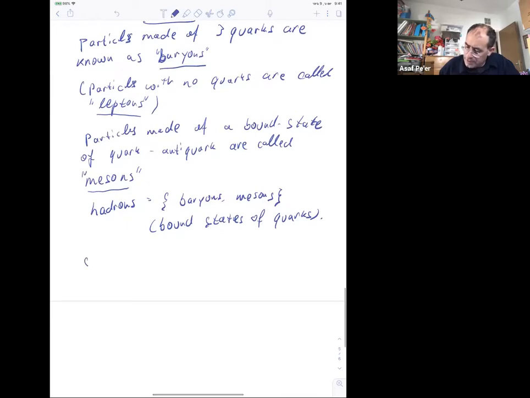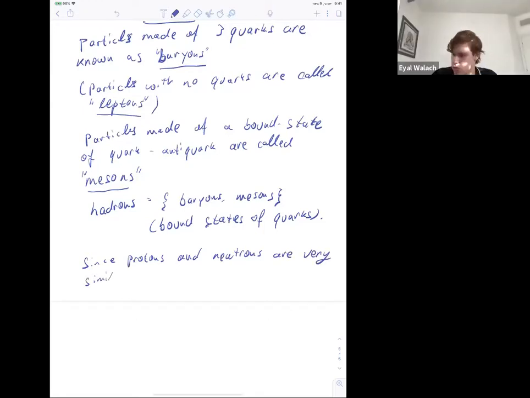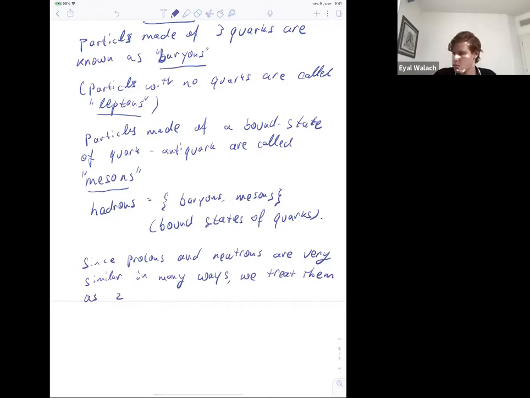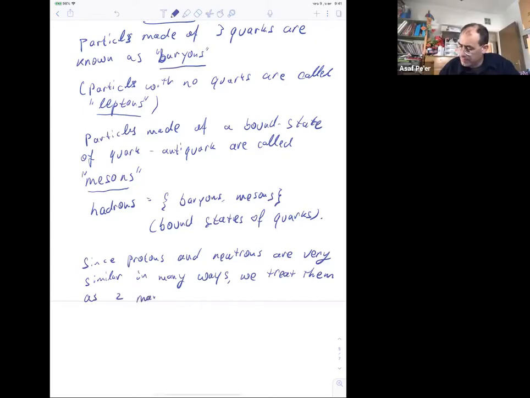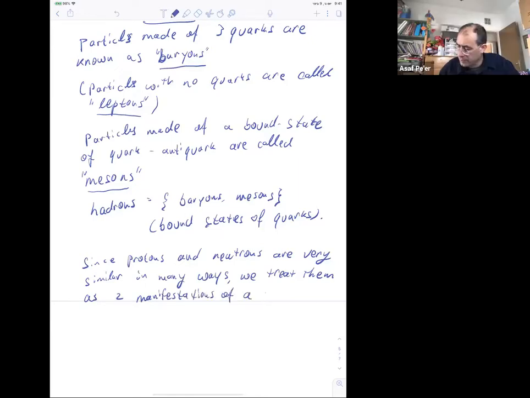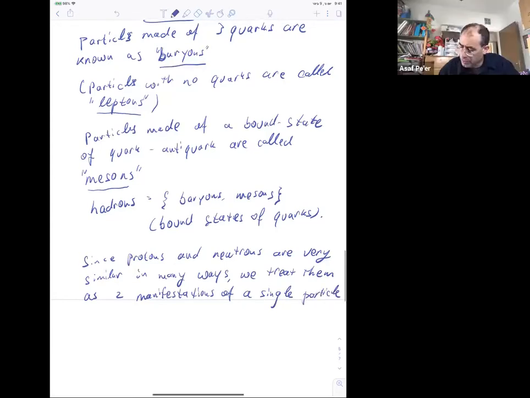Since protons and neutrons are very similar in many ways, we treat them as two manifestations of a single particle, which we call the nucleon.